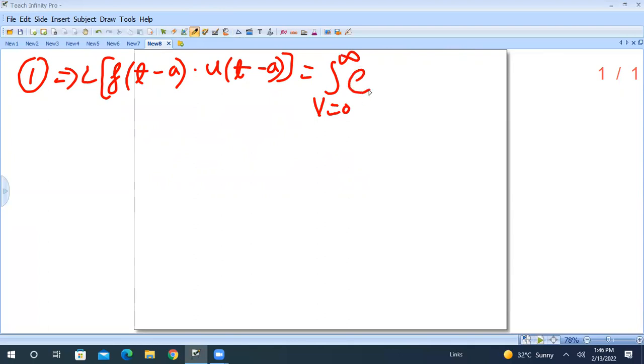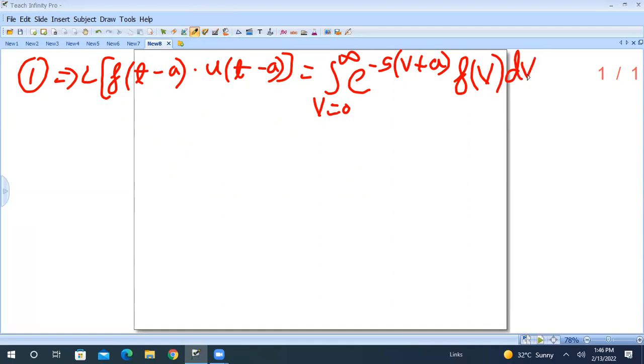So e to the power of minus s, in place of t we write v plus a. Okay? v plus a, then f of v into dv.